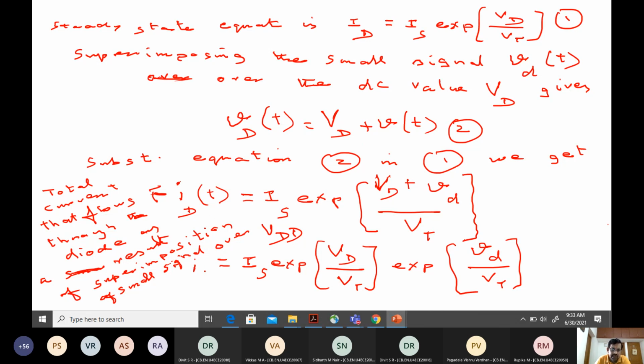So small i_D, capital D, which is a function of time because it is changing. At any instant you can calculate. So if I know at a particular instant what is the small variation, then I can tell what is the total current at that instant by substituting in this equation, provided I know the DC value also, I know the saturation current, then I can do it at a given temperature. That's the idea.